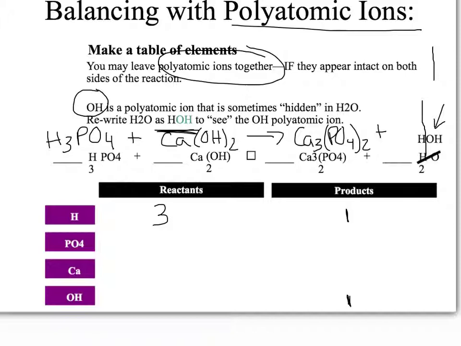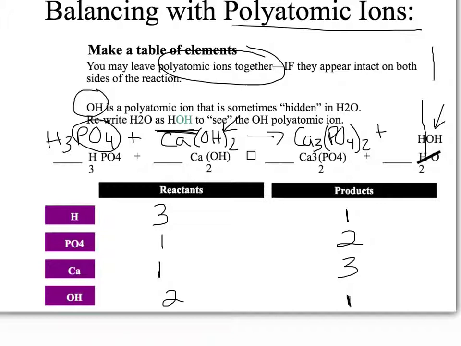And on this side, you see that there are two OH groups. Now with the PO4, if I look at the reactant side, there's 1 PO4. But over here, that 2 comes behind it, so there are 2 PO4 groups. And calcium's easy. On the reactant side, there's 1. And on this side, it's Ca3, so there are 3 of them.